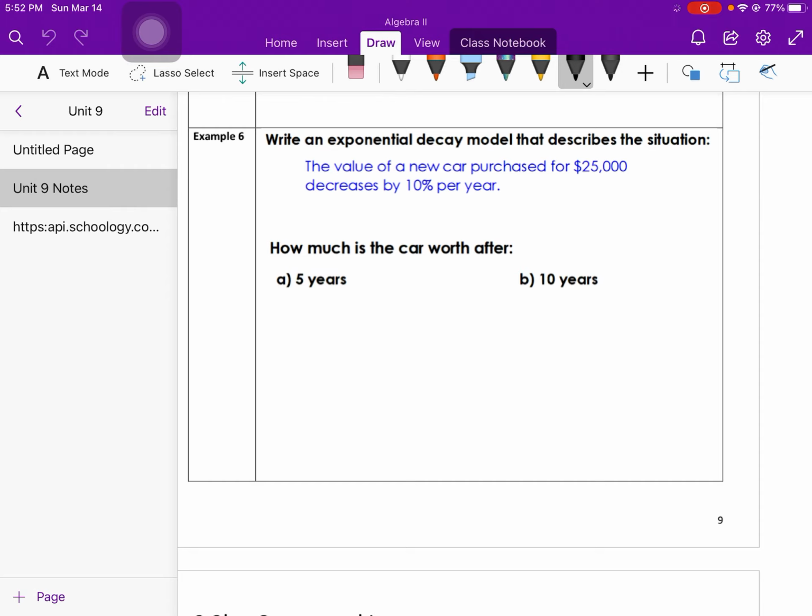Another exponential decay model that describes this situation. The value of a new car purchased for $25,000 decreases by 10% per year. How much is the car worth after 5 years? And then we want to know after 10 years, and we can kind of talk about the differences here. So the general formula for the first one is going to be y equals still the initial amount, 25,000, and then 1 minus, since we're going down by 10%, that would be 0.1.